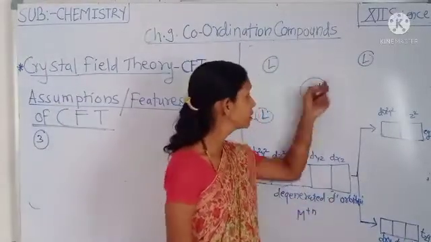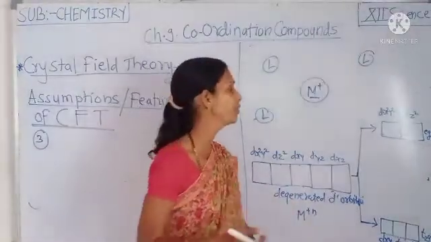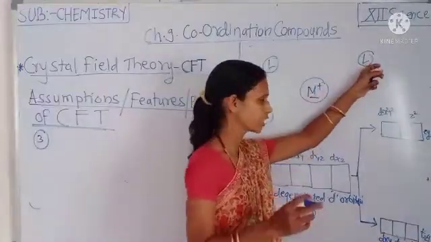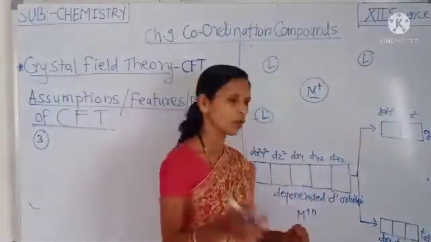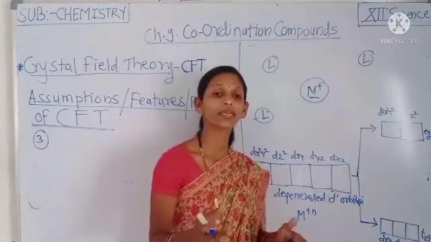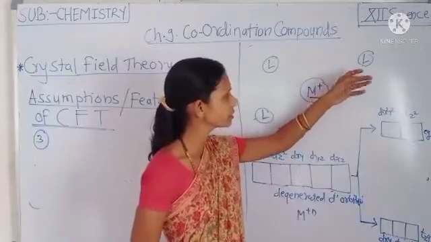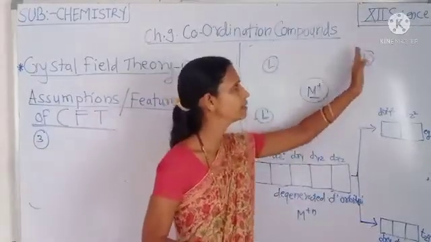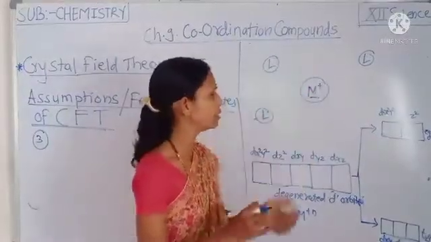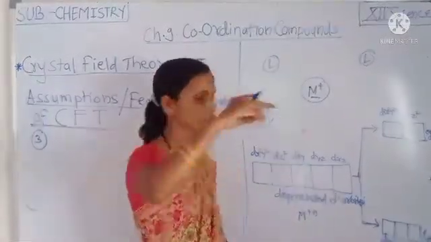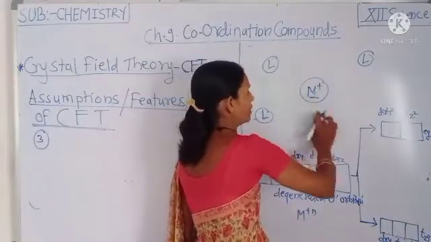When the ligands approach the metal ion, repulsion takes place between the metal ion and the ligands, which causes the d orbitals to split. Why do these d orbitals split? It is because of the repulsive interaction between the metal ion and ligands. When ligands approach the metal ion, a crystal field forms around the metal ion.